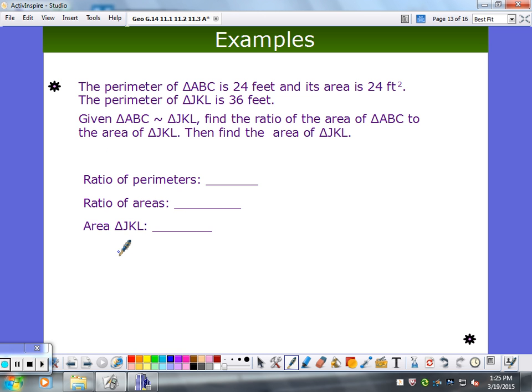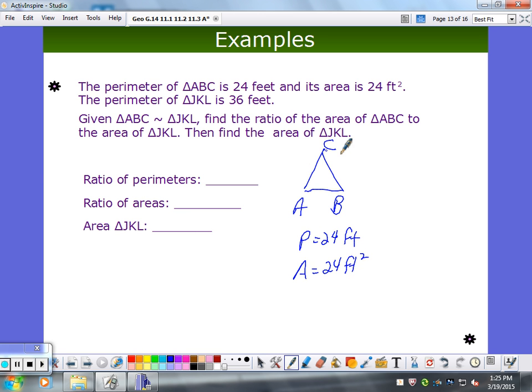So, for example, if I have 2 triangles, I need to see pictures. I can't do it without them. I've got triangle ABC, and its perimeter is 24 feet, and its area is 24 square feet.